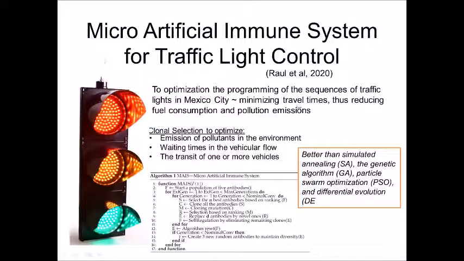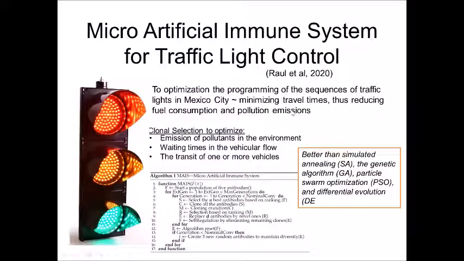This is one of them, the latest one, from 2020, whereby a group of researchers from Mexico used a clonal selection algorithm, which they call micro AIS, to improve the traffic light control system. They optimized the programming of the sequence of the traffic lights in Mexico, because they wanted to minimize the travel time and the waiting time.